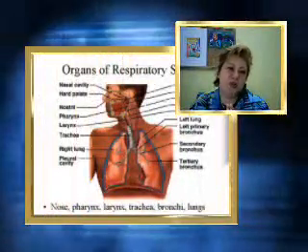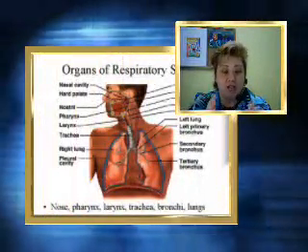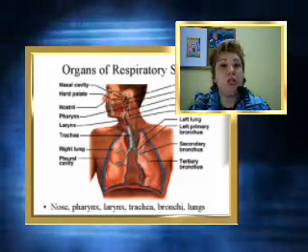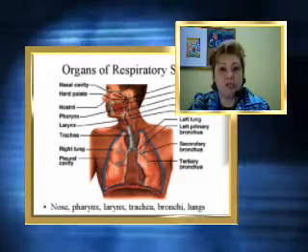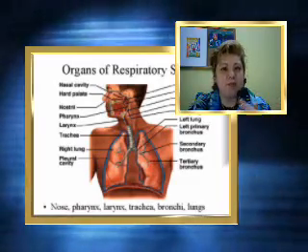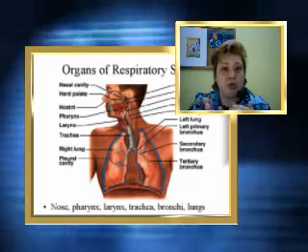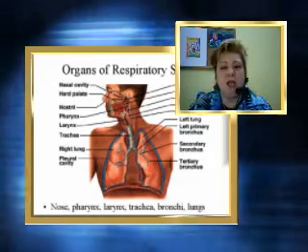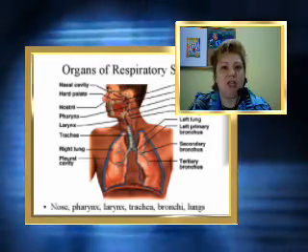Let's talk about the structure of the respiratory system. We're going to go from the nasal cavity down to the pharynx, down to the larynx, and very important, the level of the larynx. Remember, we have the epiglottis. It's a flap, a valve that will close, keeping food out of the respiratory system when we are eating or swallowing, and down to then the trachea.